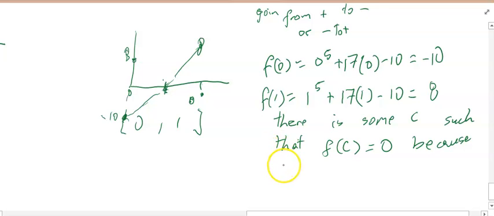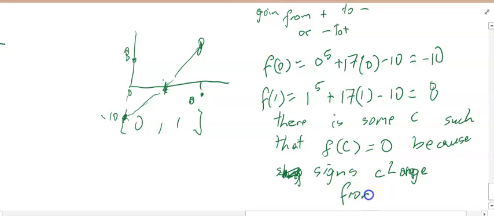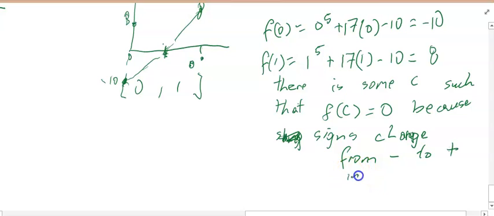Because the signs change, from negative to positive in the interval [0, 1].